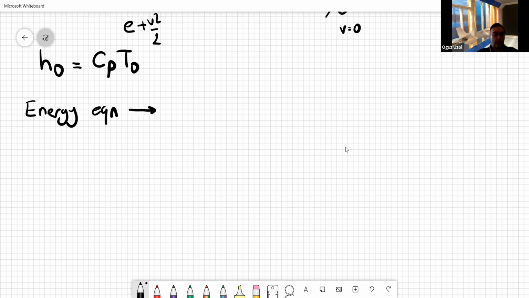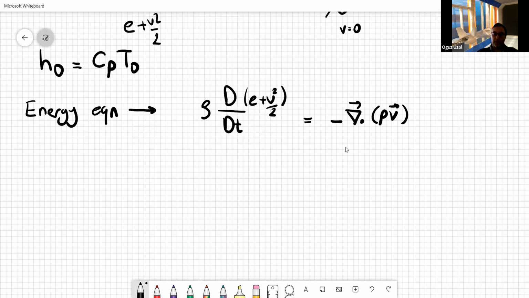I will write it down again. So rho D/Dt of (E plus V squared over 2) equals minus nabla dot product of P times V, and I assume I ignored body forces.